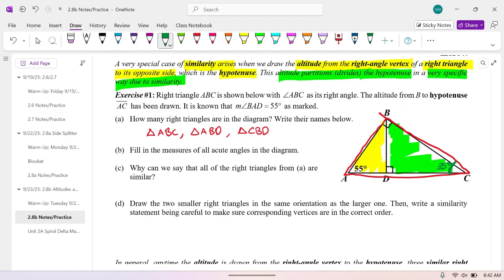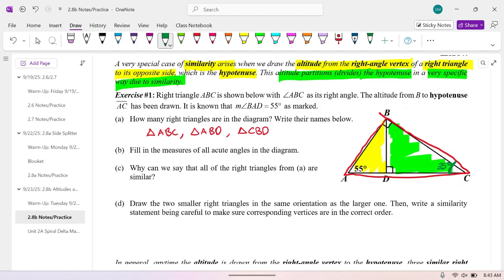Now, that gives us enough information for our yellow triangle, which is our second biggest triangle. So my yellow triangle is now right here.